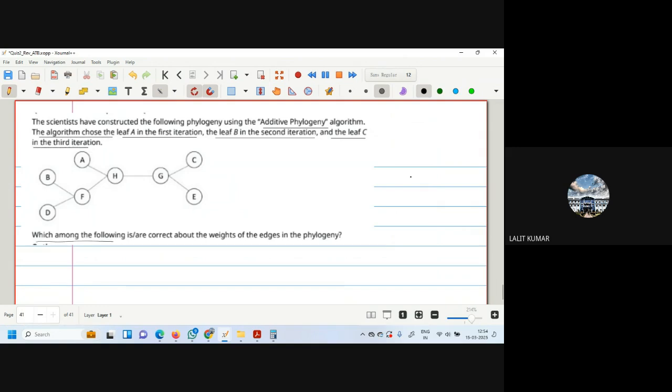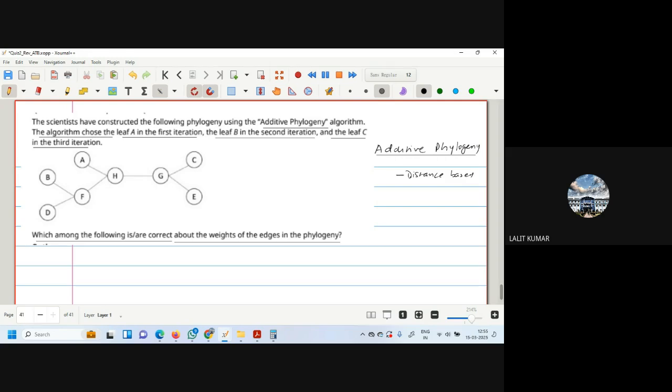Which among the following is or are correct about the weights of the edges in the phylogeny? So, how did we do the additive phylogeny? Can somebody tell me? We picked the smallest distance and made them into a pair. No, see, that was the distance based. That was distance based.